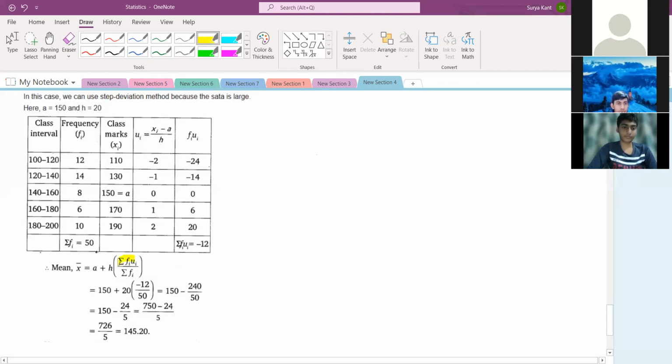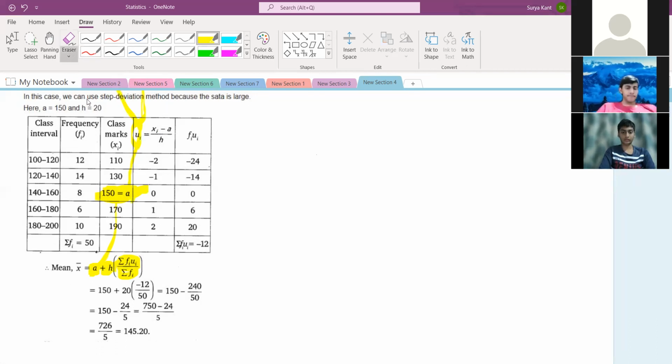Here also a and h are required. Without a you can't do anything, because the adjustment is also there, but it is the same formula with one step more. After finding di, we are just finding ui also. One step more we are doing. That's it, but the calculation will be easy this way.